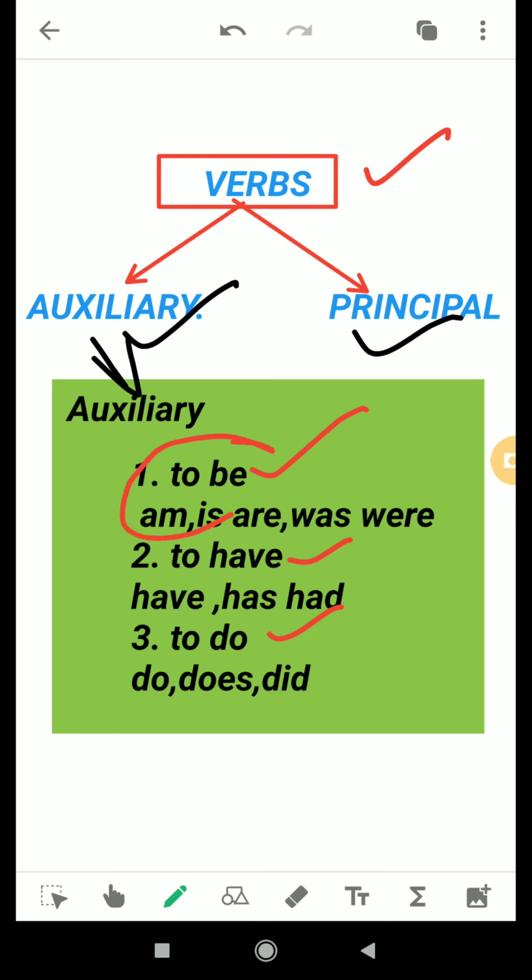Now, which are the to be verbs? What is their function in a sentence? We will try to understand. So first of all, we have to be verbs like am, is, are, was, were. These are our to be verbs. Now one interesting fact that I am going to share with you. This is actually not a rule, but to understand it better, we will categorize these verbs among singular and plural.